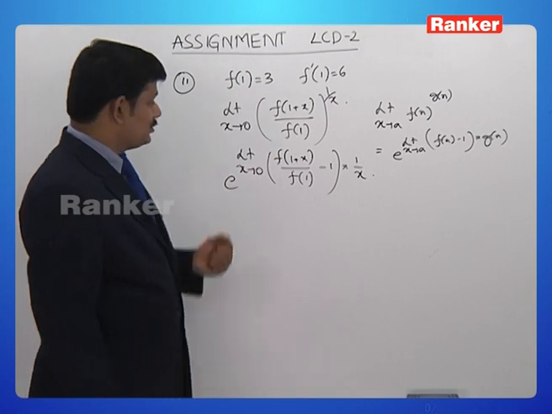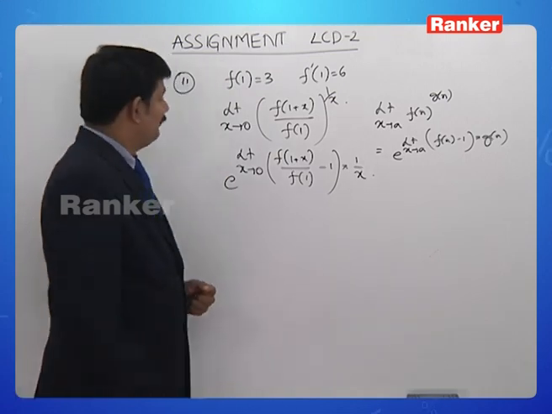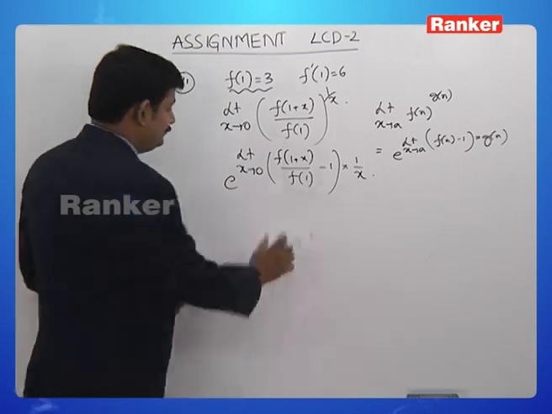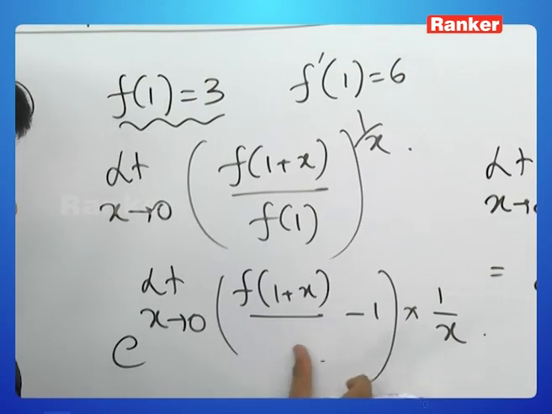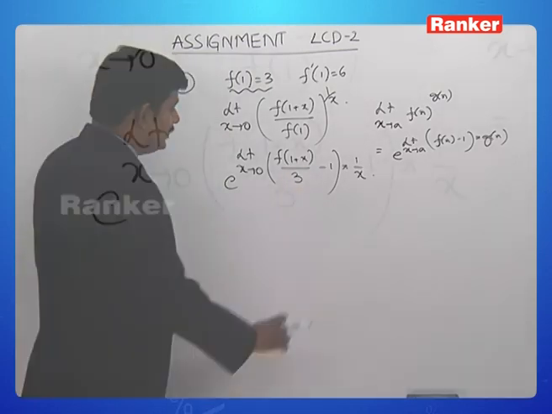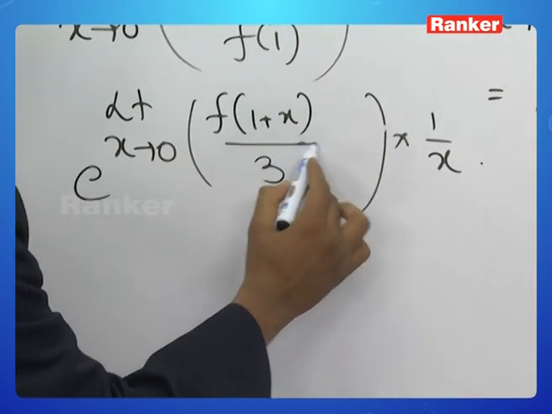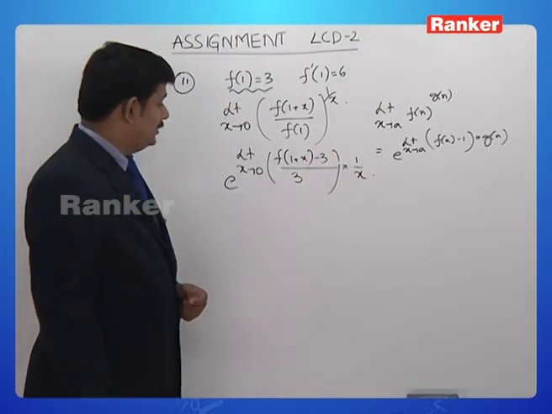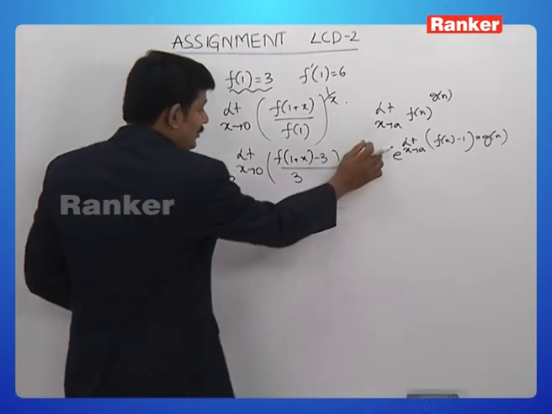So, now our target is to evaluate this limit. For that, let us use the given information. F of 1 is 3, so we can replace this and write it as 3. Now, when we take the LCM, it is f of 1 plus x minus 3 divided by 3 into 1 by x.